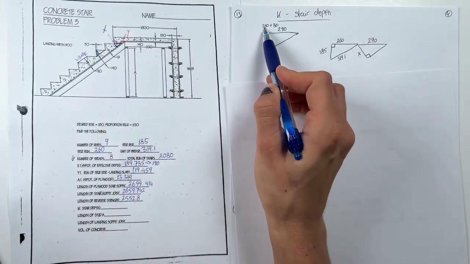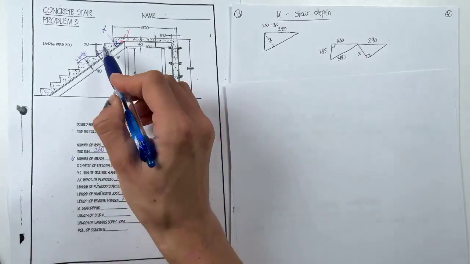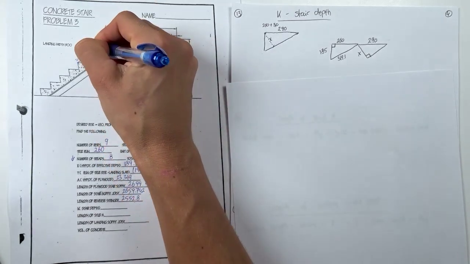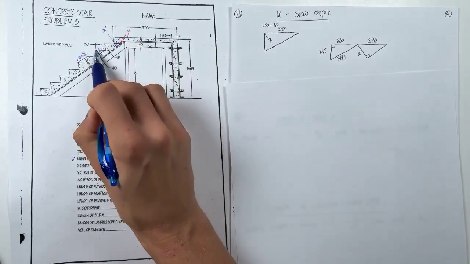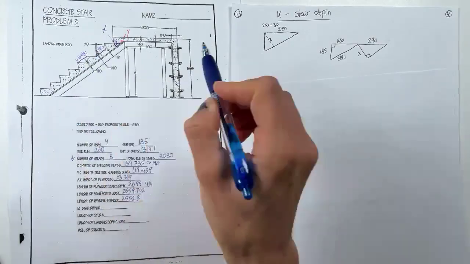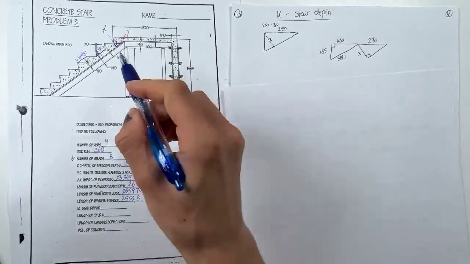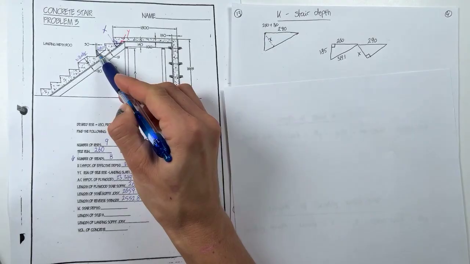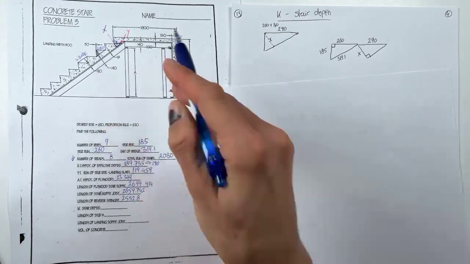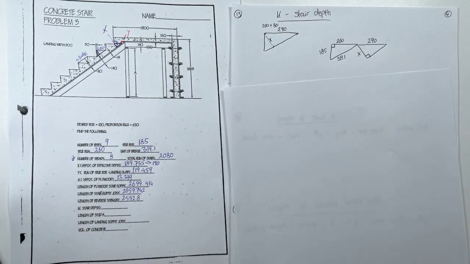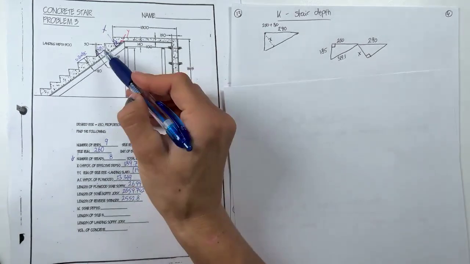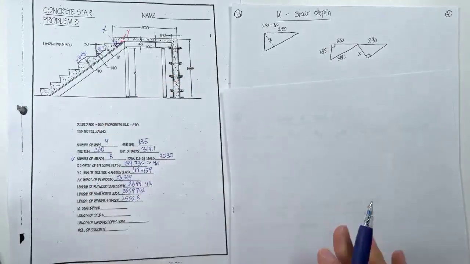So we have a unit run of 260 plus 30 that gives us 290. And this little rise here, that's the X that we're looking for, right? We were looking for this measurement, and then later we can add it to the effective depth. And then that gives us our total measurement.